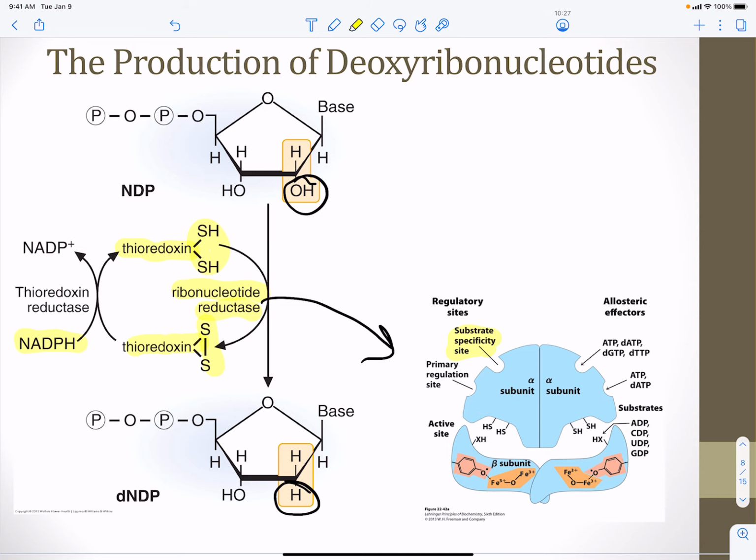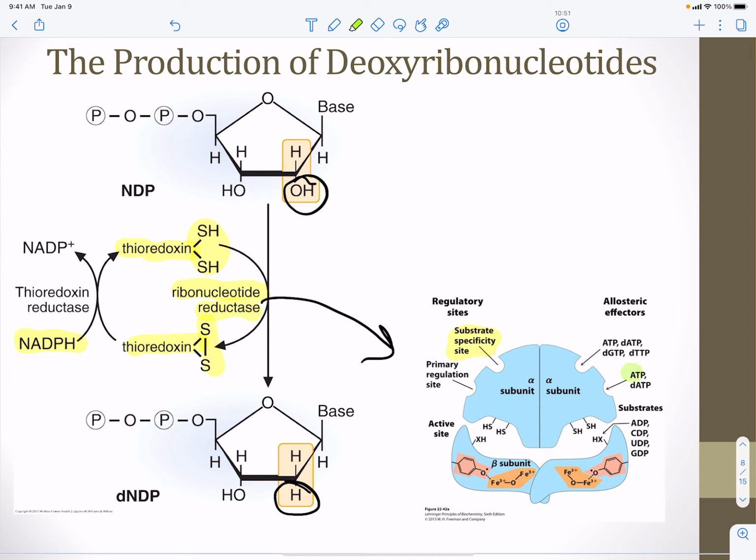Now, for the regulation of this, if you have ATP bound to the active site of the enzyme, this is going to activate the enzyme. If you have dATP bound to this site, it's going to inhibit the enzyme. So right here you have, let me make this green.